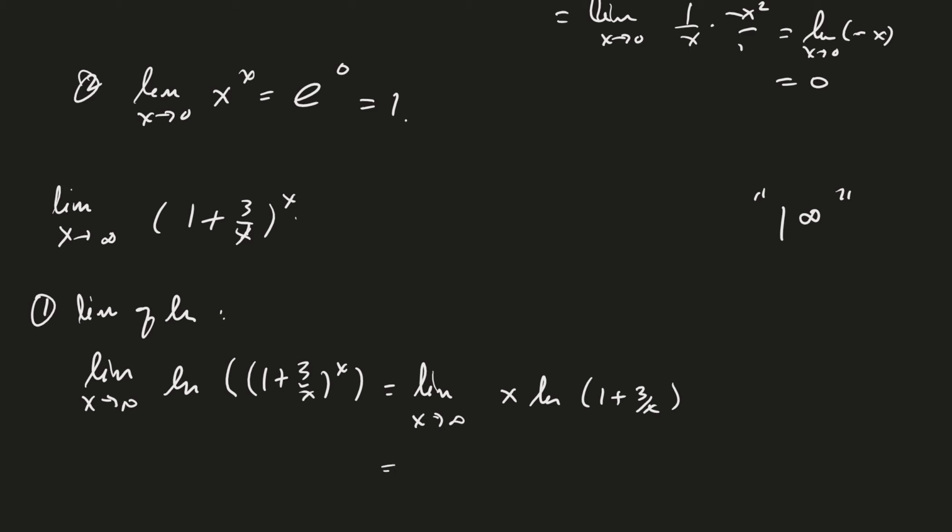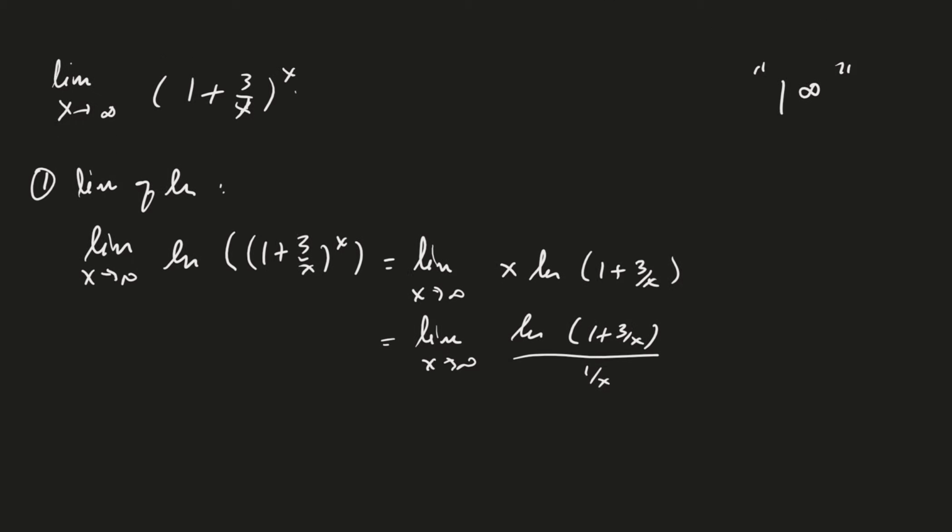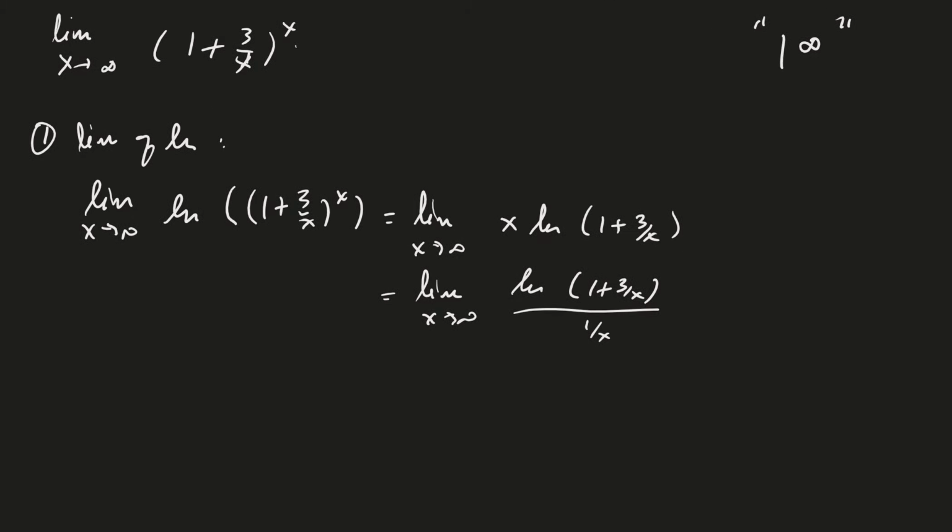Good. And now this limit we can convert into a fraction like we did before: natural log of 1 plus 3 over x divided by 1 over x, right? And now we can use L'Hopital's rule. Limit as x goes to infinity. This is going to be 1 over 1 plus 3 over x times the derivative of 3 over x, which is minus 3 over x squared.